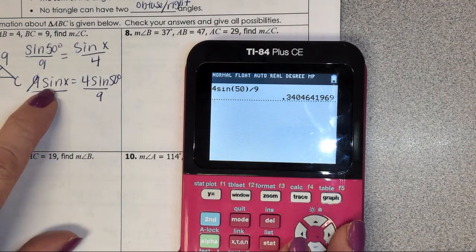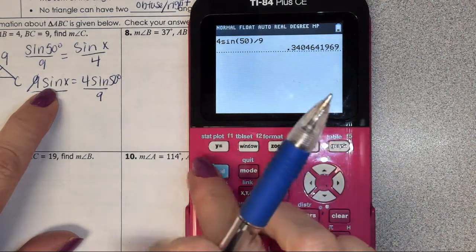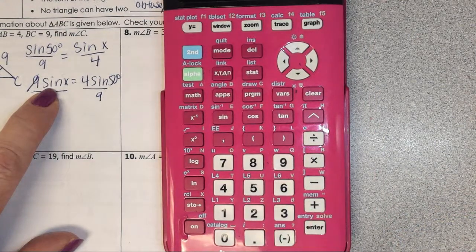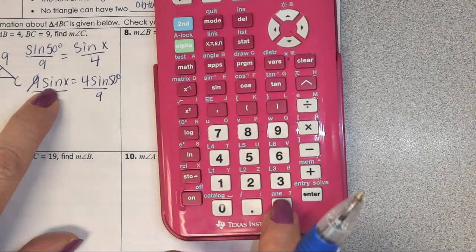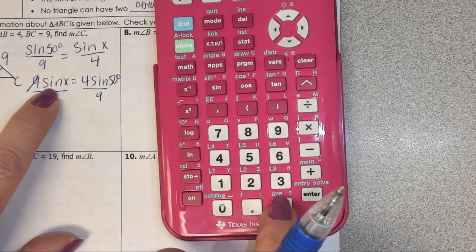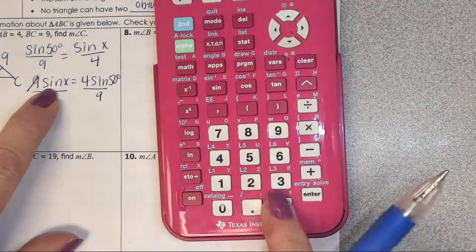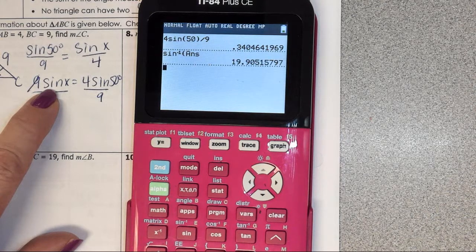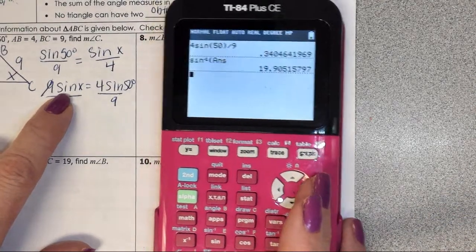If I'm looking for an angle, what do I have to push now? Yeah, I have to do sine to the -1, or inverse sine. So I have to do second sine of that answer. To get that answer without typing it in again, I can just push that right there. See how it says answer? So I do second negative, and it'll do the inverse of the previous answer, and it's 19.9 degrees.